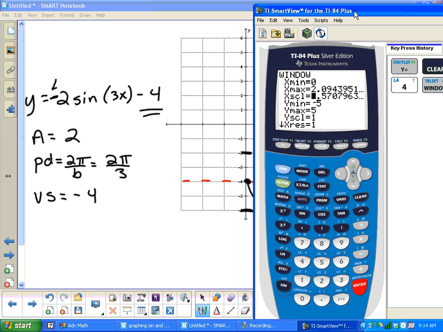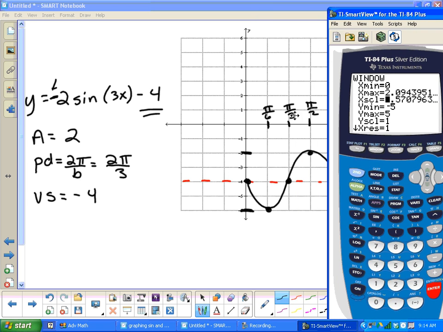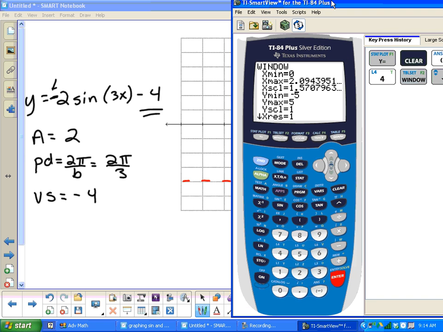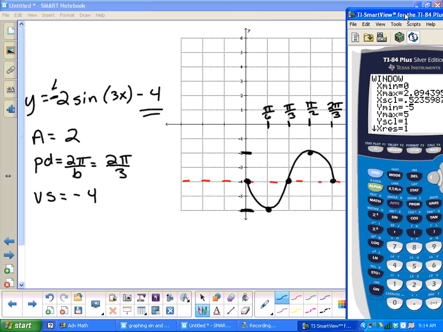So 0 to, all right, I'm going to put in now 2 pi over 3. Now what about my x scale? That's what I'm counting by. Pi over 6. Now, here's where a vertical shift would really change what we did before. What about my y min and max?